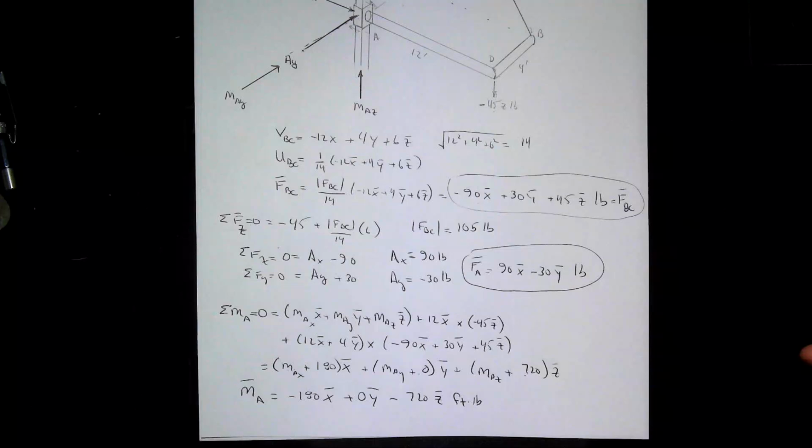That means I can just isolate these two and sum the forces in the z. So I have a minus 45, and then I take the z component of this thing, plus the magnitude of FBC on 14 times 6. Just taking the z component. One equation, one unknown. Solve. The magnitude of FBC is 105 pounds.